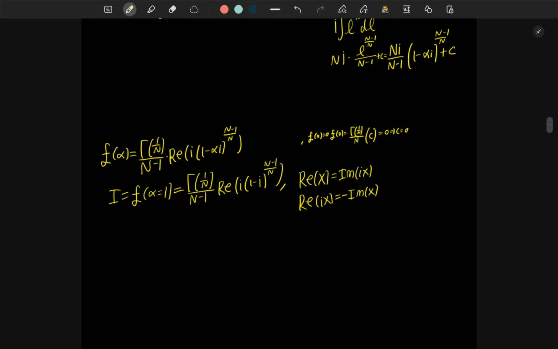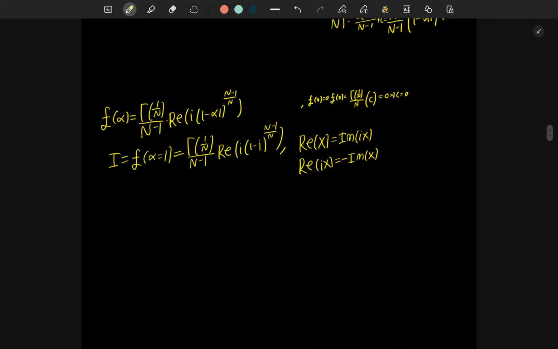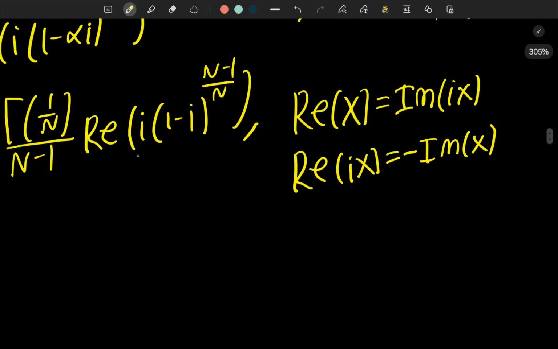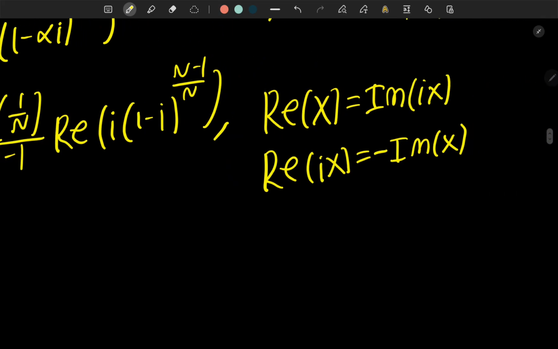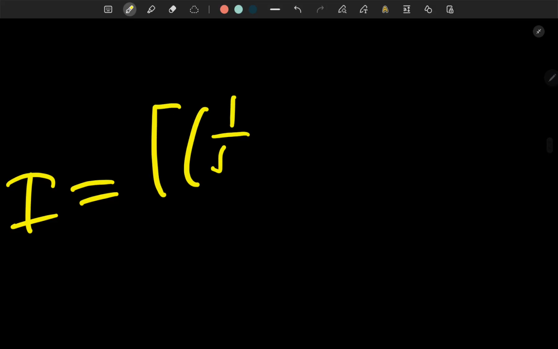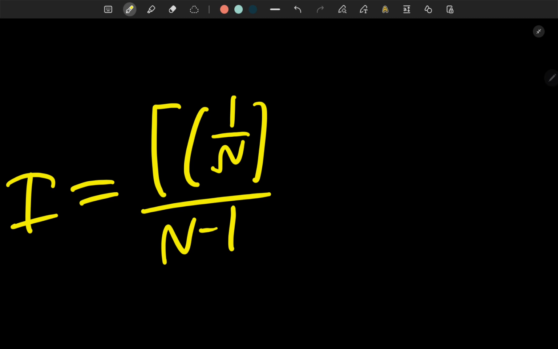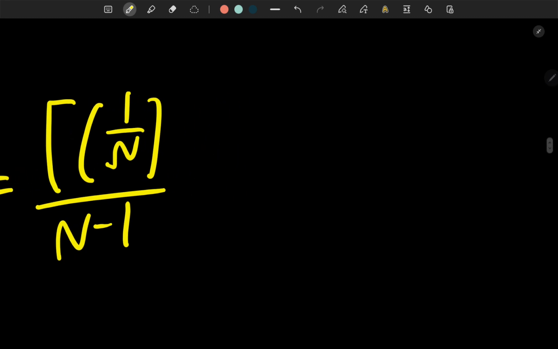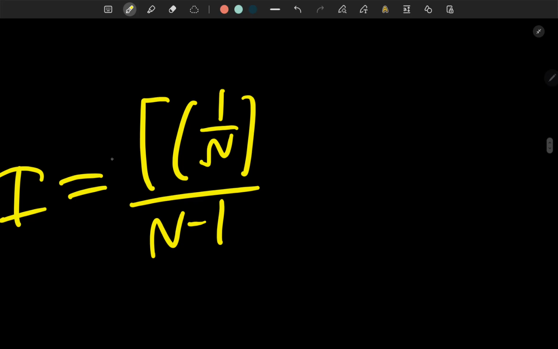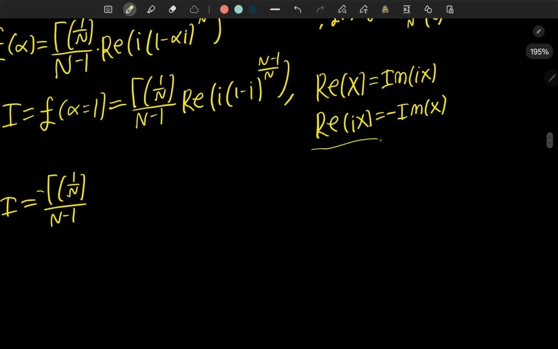Yes, yes, this is true. So we clearly see an I right here. And in this case, this would be our x. Okay. I am very sorry about that first mistake. I is equal to gamma of 1 over n divided by n minus 1. Now well, hold on. Negative. Don't want to forget about that negative, because the real part of I times some x, which is a complex number, is equal to negative times the imaginary part of that complex number.